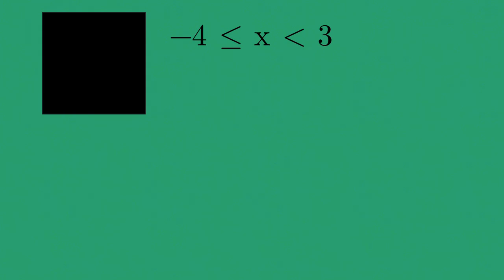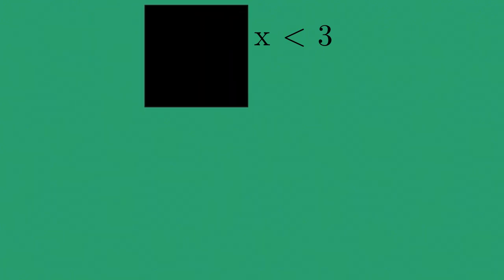So, what if I covered that up right there? What is that inequality saying? That inequality is saying x is less than 3. That inequality is describing values less than 3.